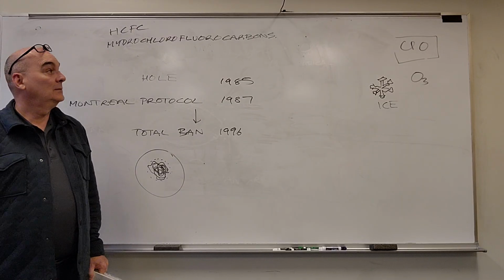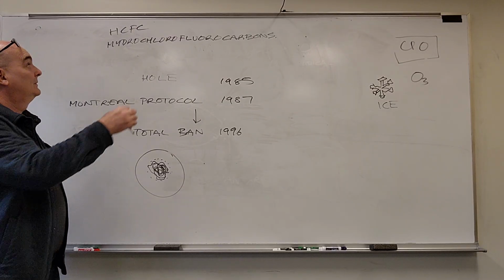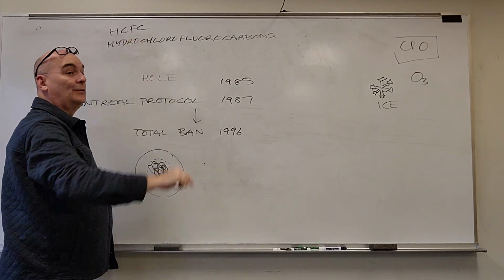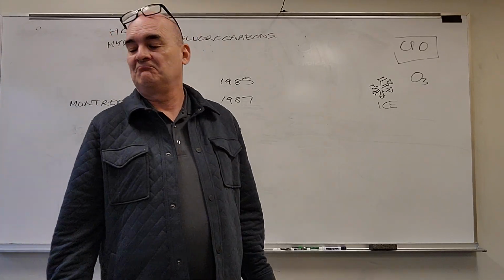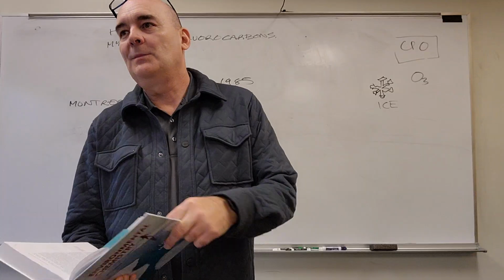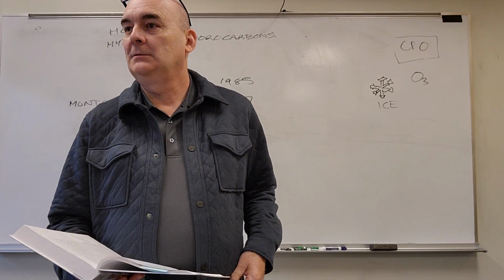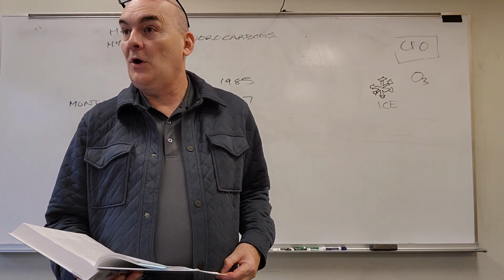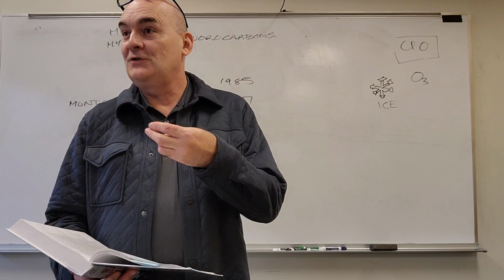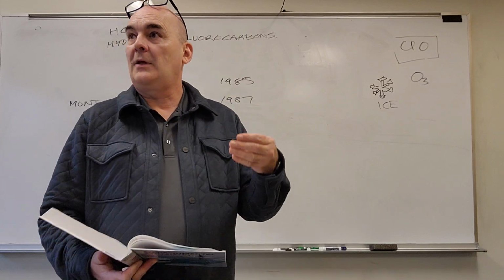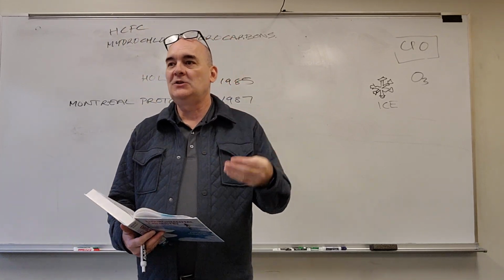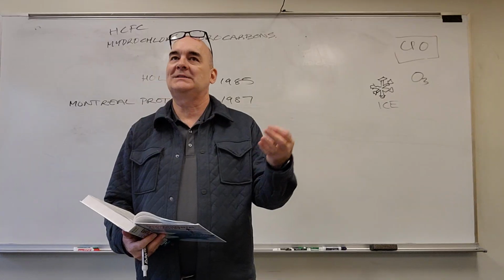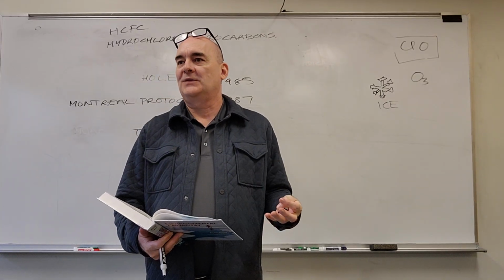Problem being, those molecules, our original fluorinated chlorocarbons, because they're completely inert, they're not going away. There is no other metabolism, there is no other biological process that will take them out of the sky.